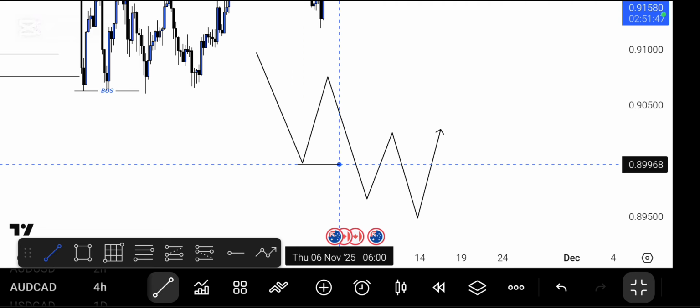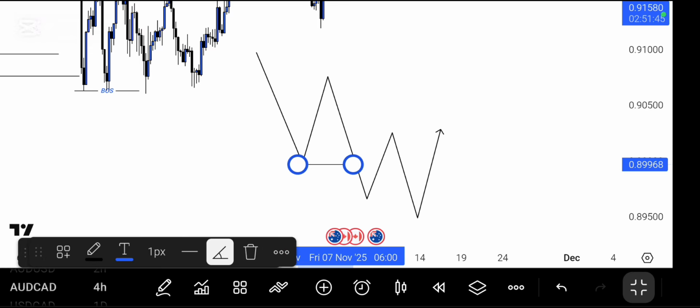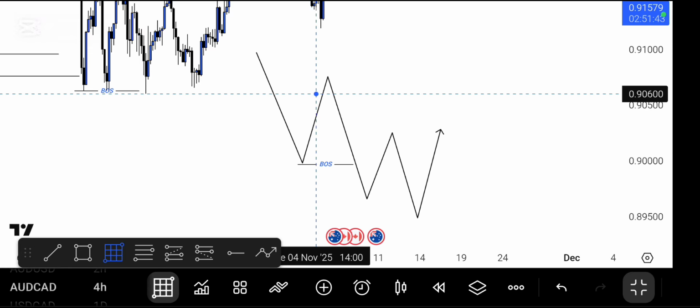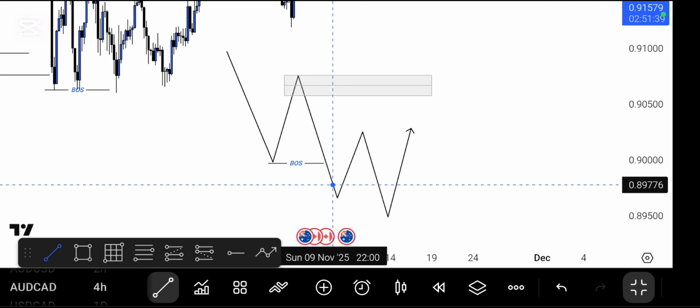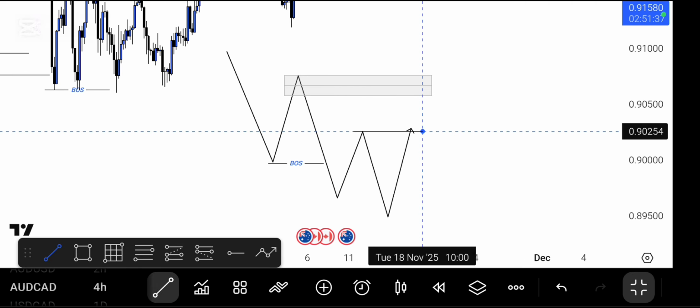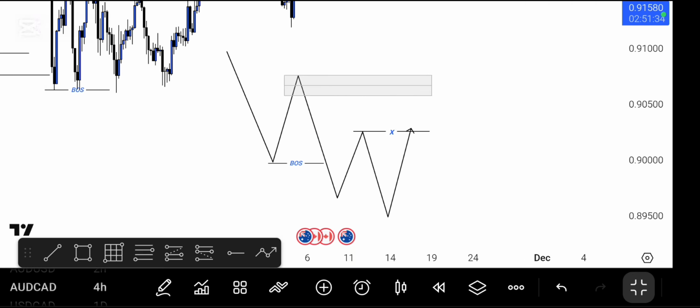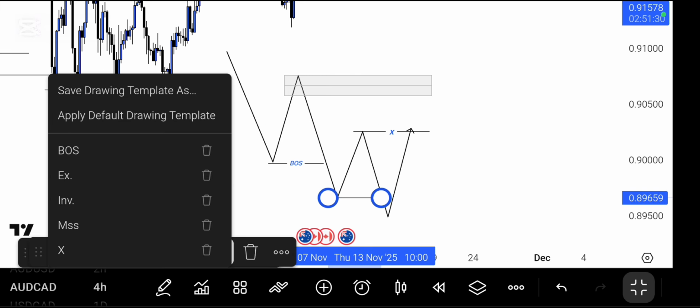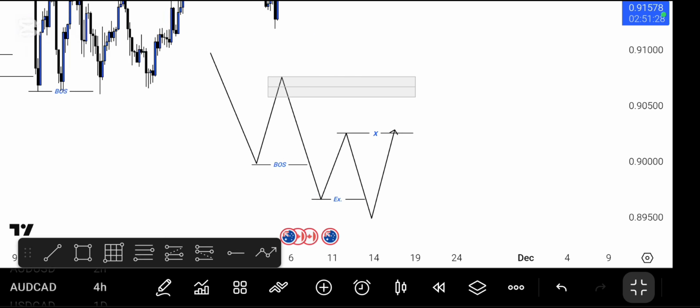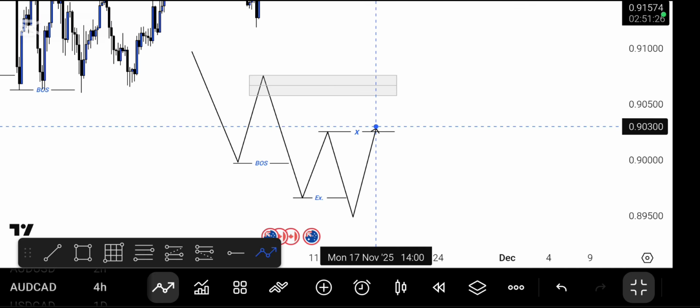If I should map this out, it's going to be this way. We have our break of structure this way. Our origin will be sitting somewhere around here. Then our liquidity will be sitting here, which is coming from an extension, whereby we expect the market to do what?